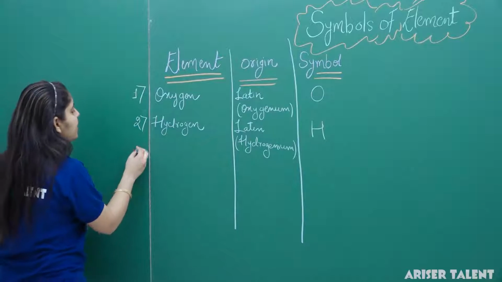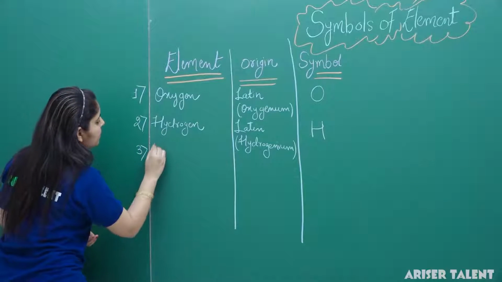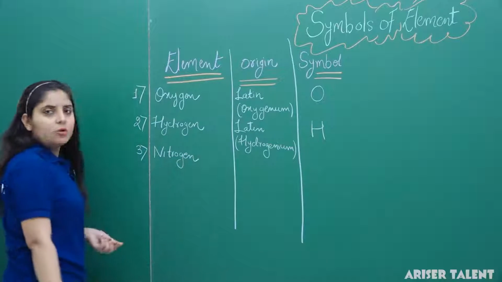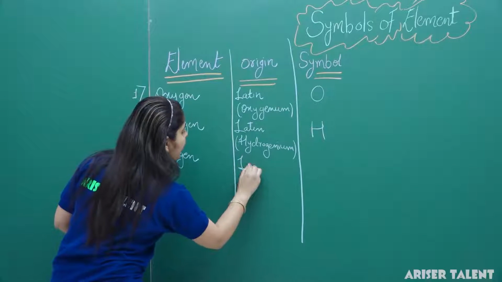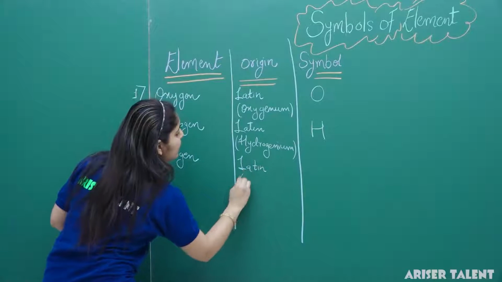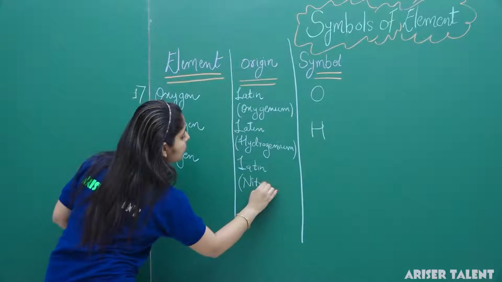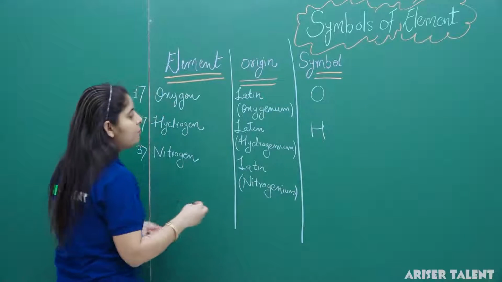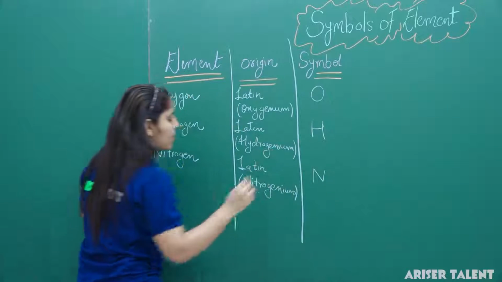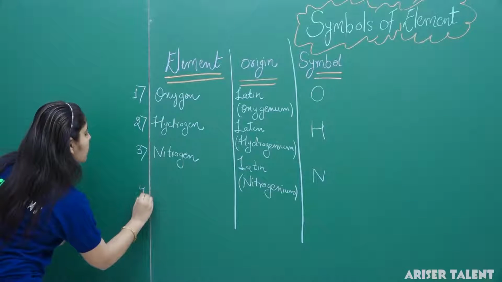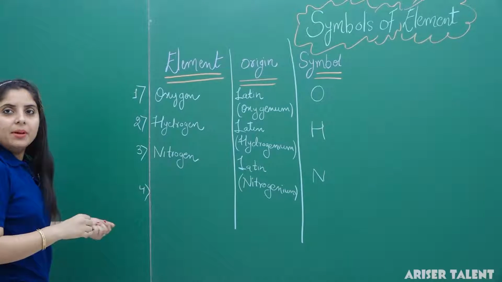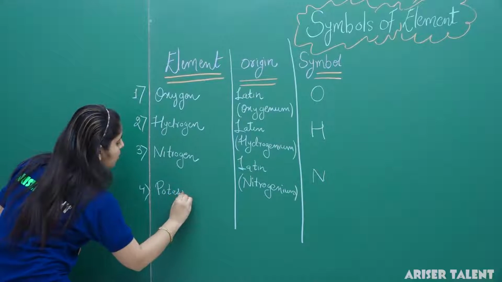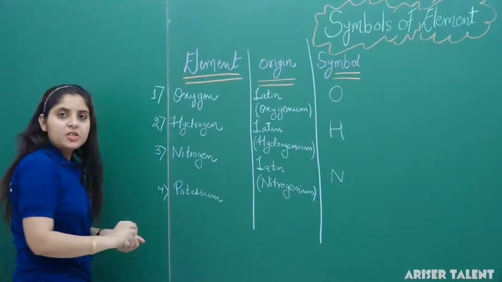In the third category we have the element nitrogen. Nitrogen is again taken from the Latin language. Its Latin name is nitrogenium, and the symbol for this we have is N. The fourth element we have in this series is potassium.